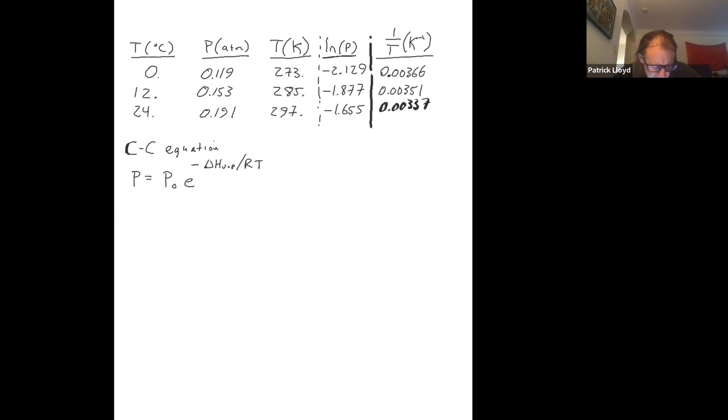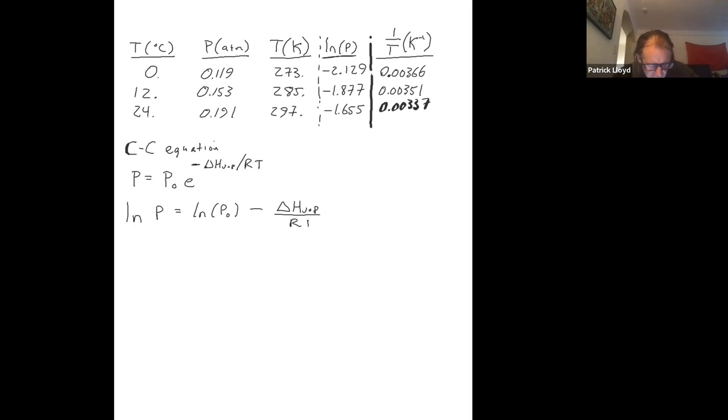And essentially what I'm going to claim is that if you take the natural log of both sides, you get ln of P is equal to ln of P naught minus delta H vaporization over RT. Okay.